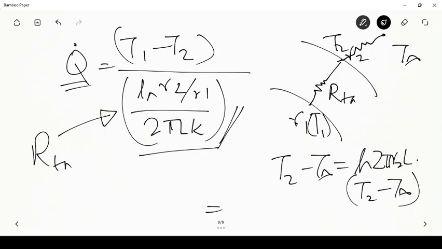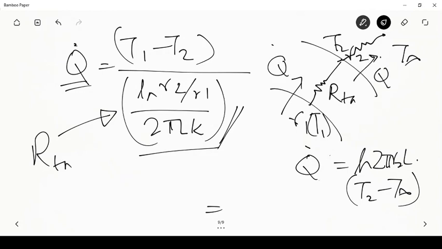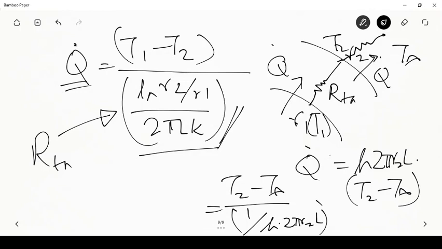The same q dot is going to go out of the other side. The amount of energy coming here is q dot, the amount of energy going out here is also the same q dot at steady state. So that will be equal to h into 2 pi R2 L into (T2 minus T infinity), which can be written as (T2 minus T infinity) divided by 1 over h into 2 pi R2 L. So this is the thermal resistance that is caused by the convection on the outside.